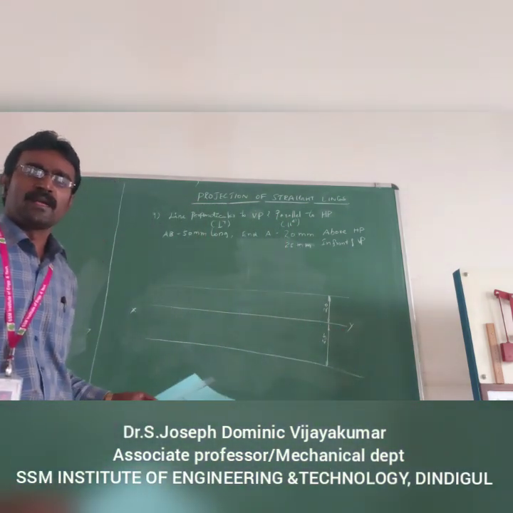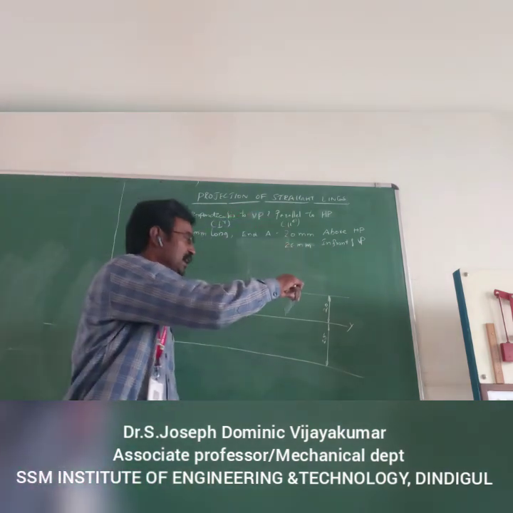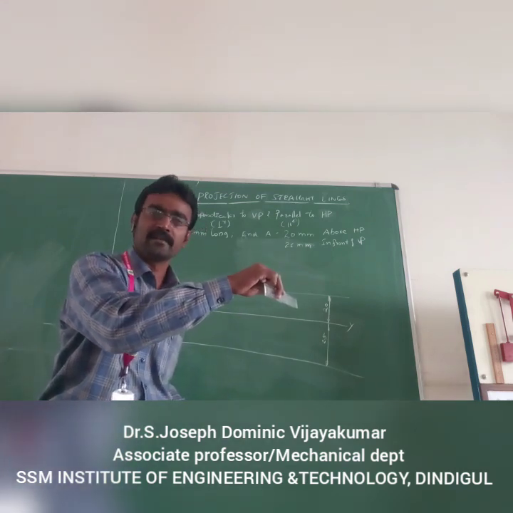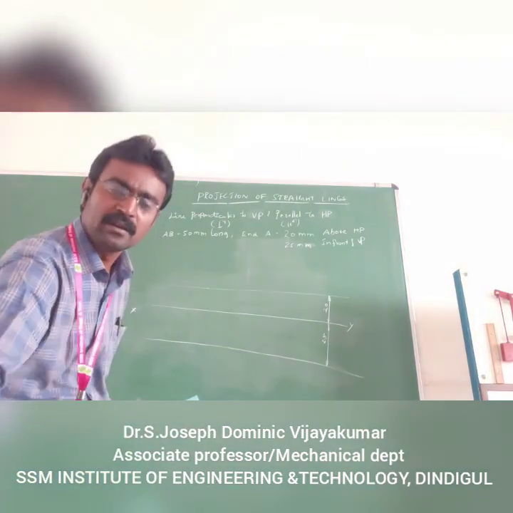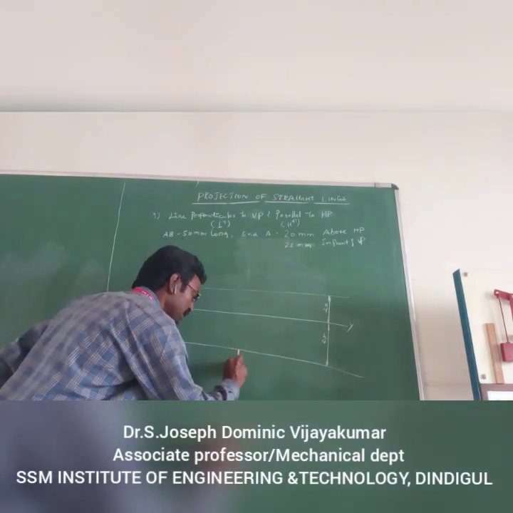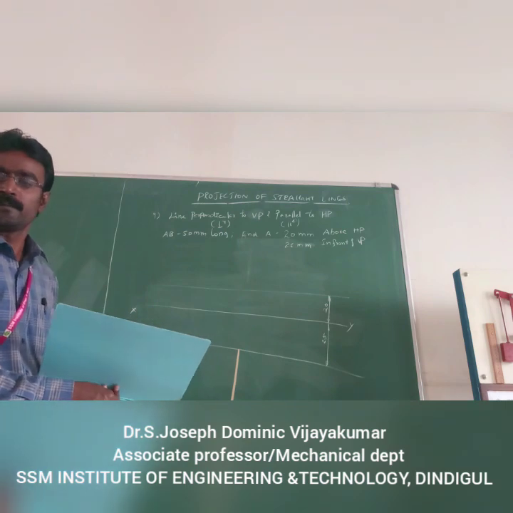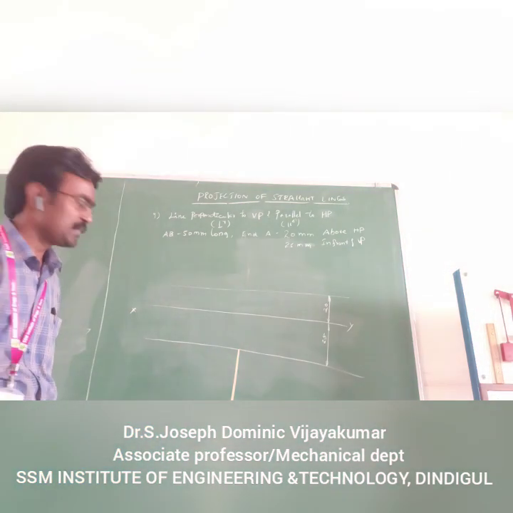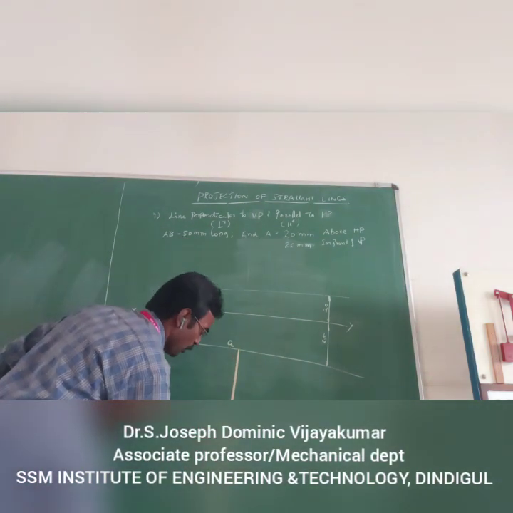Now in the top view we get a straight line. So at any one point we draw the true length of the 50 mm line in the top view. The point is A, the point is B.